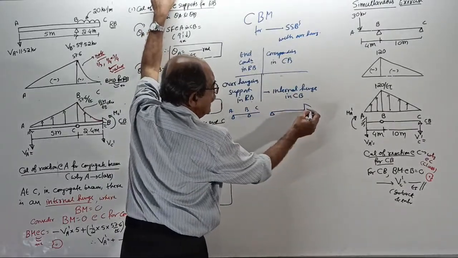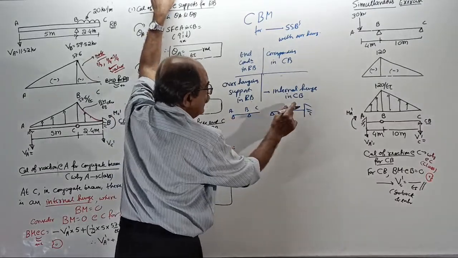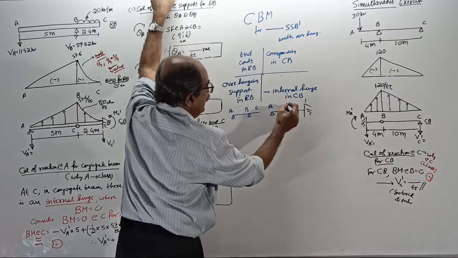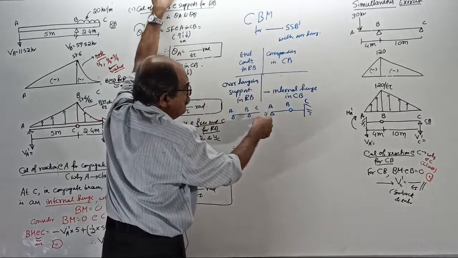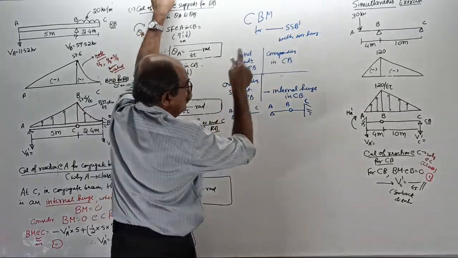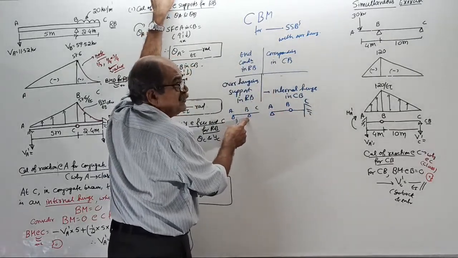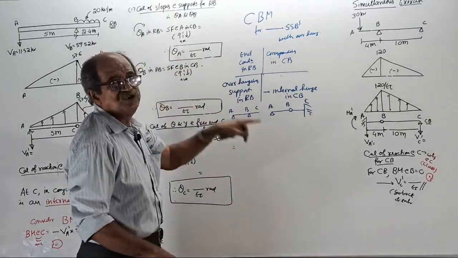It will become fixed end. B is overhanging support. That will become internal hinge. Simple support in real beam is simple support in conjugate beam. Free end in real beam equals fixed end in conjugate beam. Overhanging support or interior support becomes internal hinge in conjugate beam.